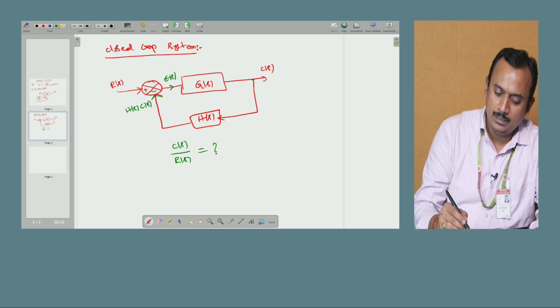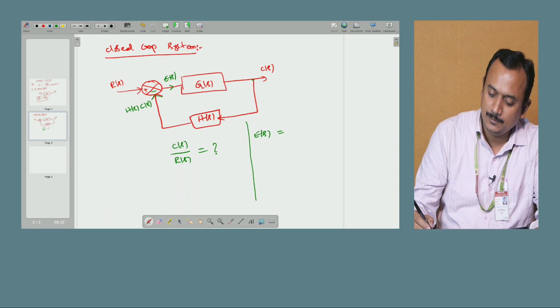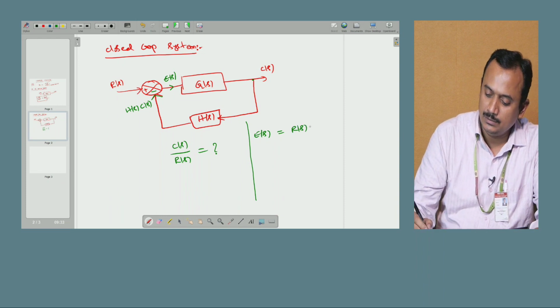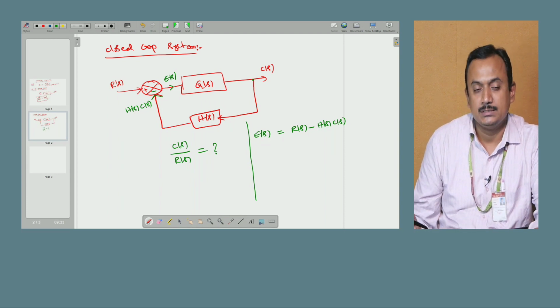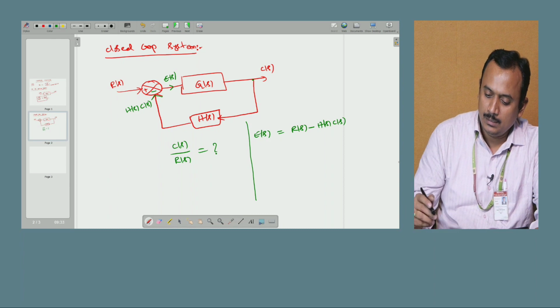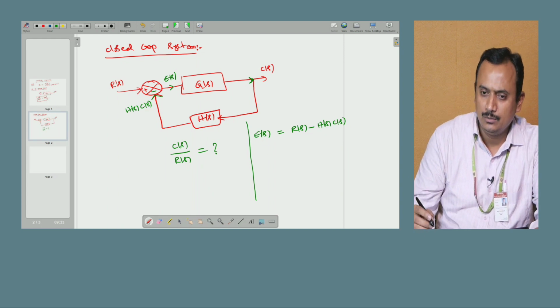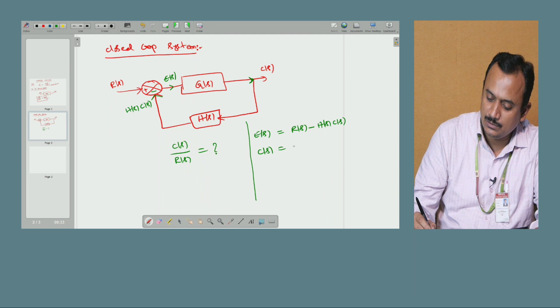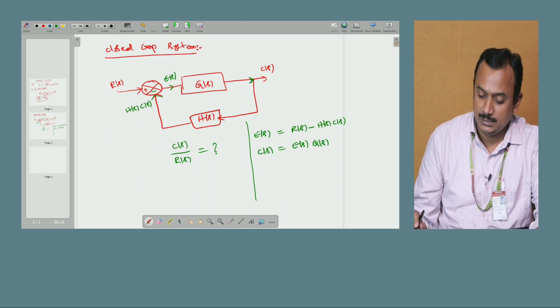Now if you look at the value of E of S, the error E of S is equal to the difference between the input and this value, that is H of S into C of S. That is the difference between R of S and H of S into C of S. Now similarly, if you look at the value at this location, it should be C of S, and it is equal to E of S into G of S. Here also the same logic, E of S and G of S are both in cascade connection.